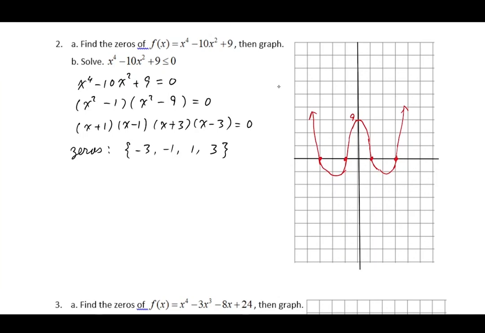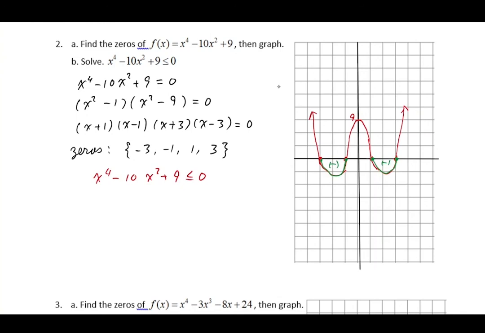Okay, now let's solve the inequality. The inequality x to the fourth minus 10x squared plus 9 is less than or equal to 0. So I want my y value to be negative. Negative is here and here, this part, or equal to 0.